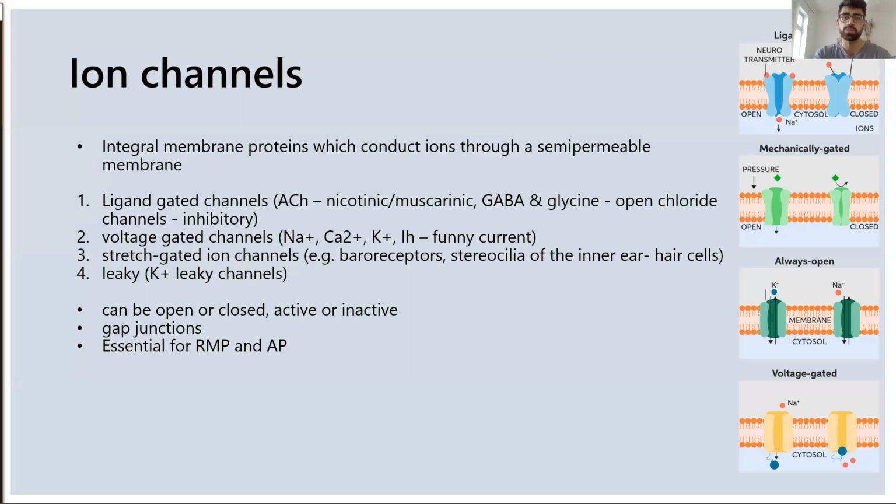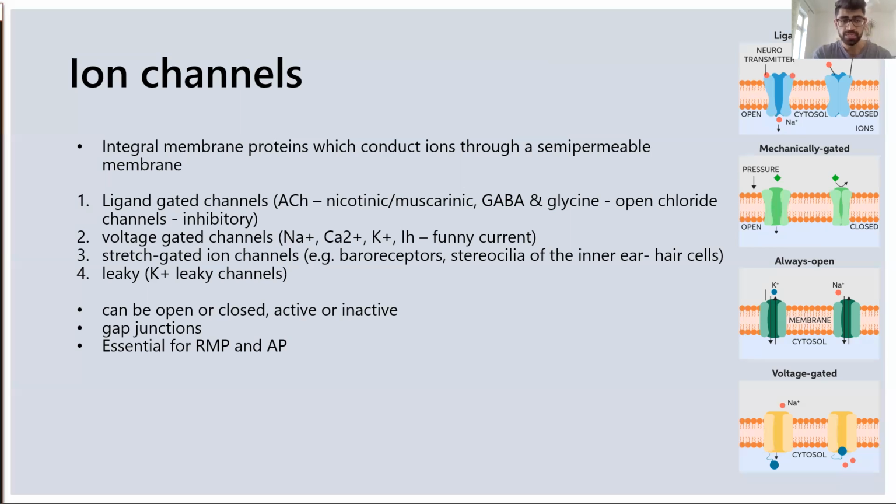As you can see in the scheme at the top, these substances will bind to the extracellular domain of the ion channel and cause a change in its configuration, and then the ion channel will open or close to allow the passage of ions through the channel. So ions, notably calcium, sodium, potassium, or non-specific cations, for example.